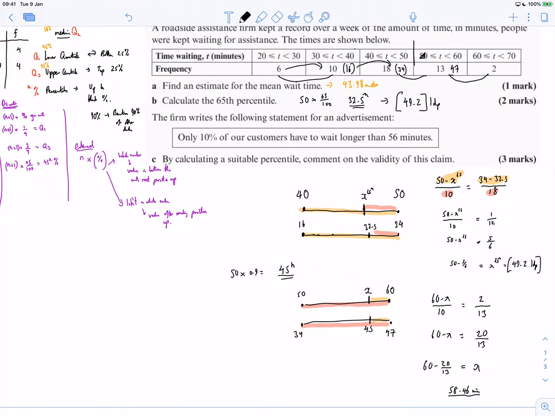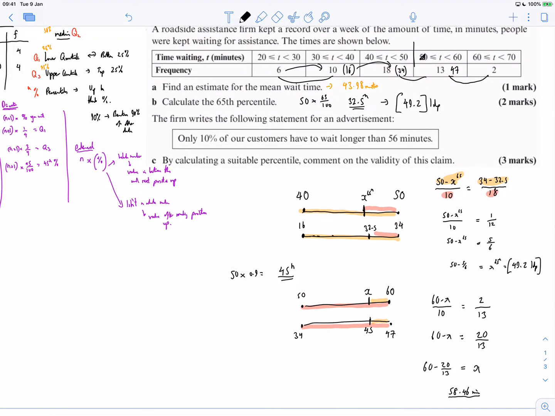Right, so actually, only 10% of our customers have to wait longer than 56. Well, actually, that's pretty reasonable, because only 10% of their customers apparently wait 58.46 minutes or longer. So 56 minutes isn't technically accurate.